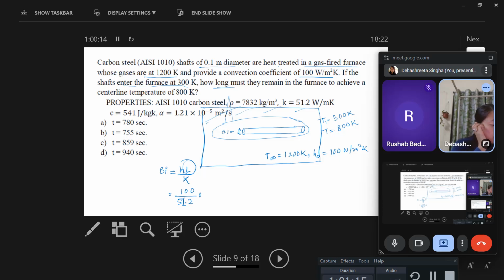Do you know what is this L? This L is also known, this is the characteristic length. In this case, it is given as volume by surface area, because the conduction which takes place is a volumetric process.